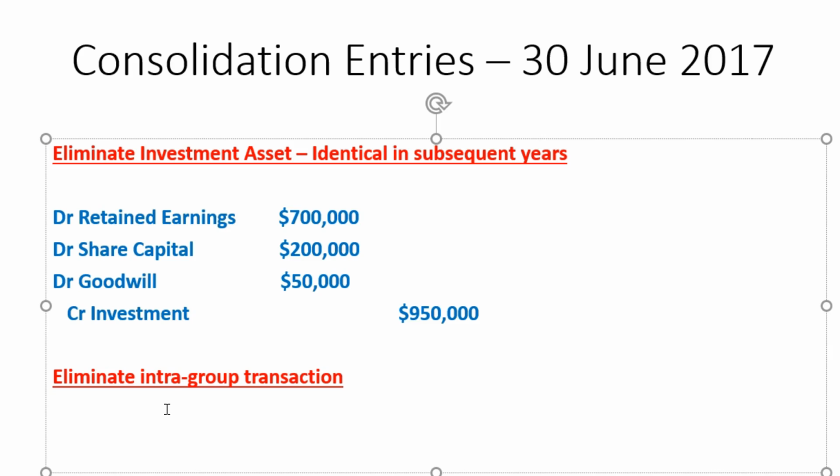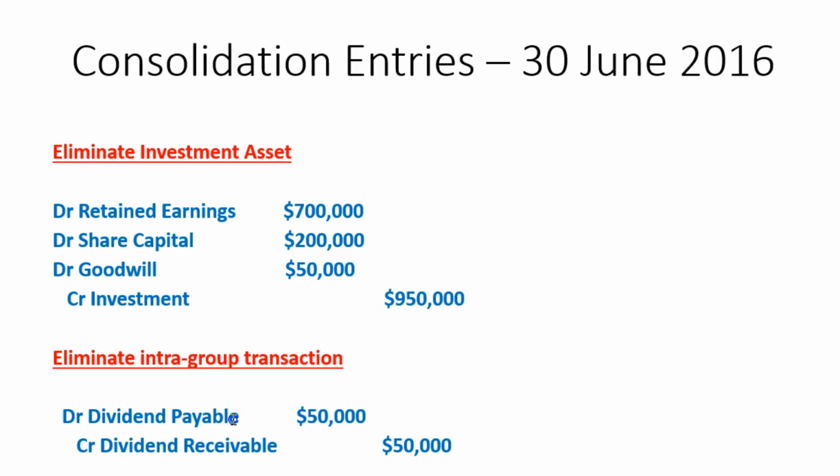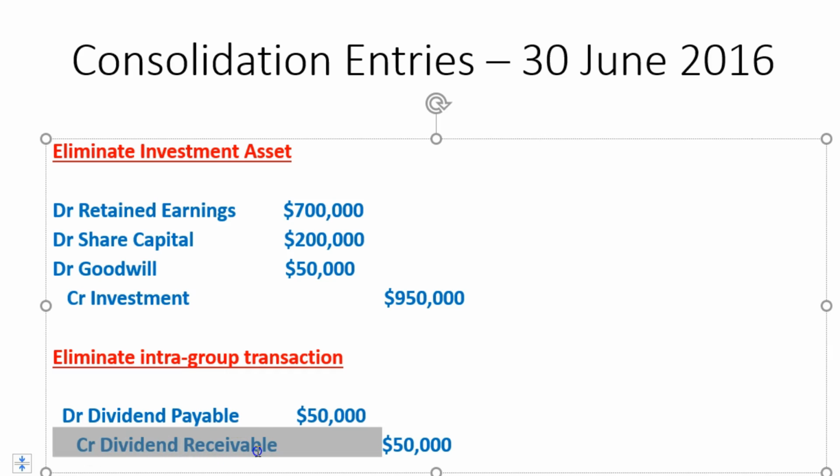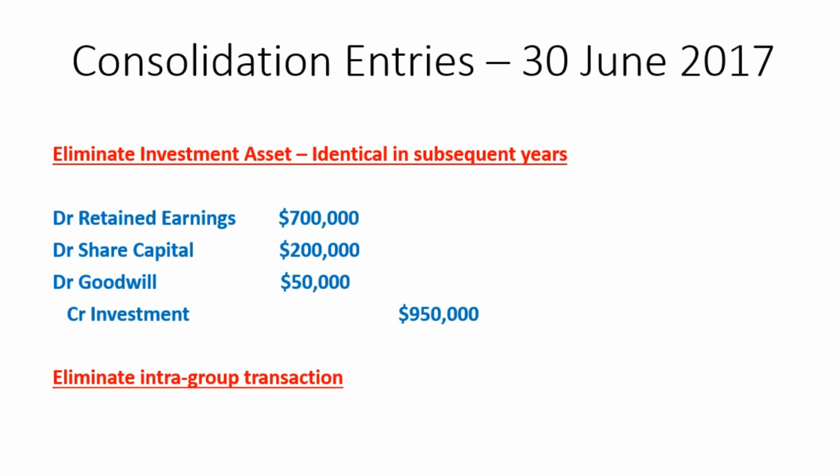So QCO would get rid of the dividend payable, which was this part of the elimination entry, and Ben Limited would credit the dividend receivable, which is this part of the entry, and so they would simply no longer exist on either of the books of the entities, and so there is no longer anything to eliminate.